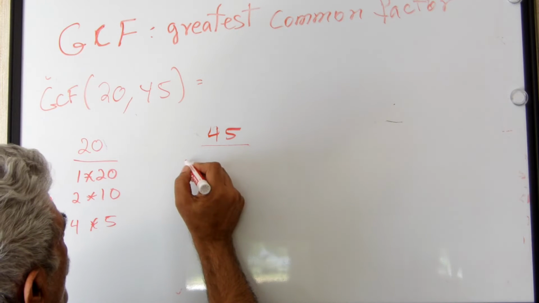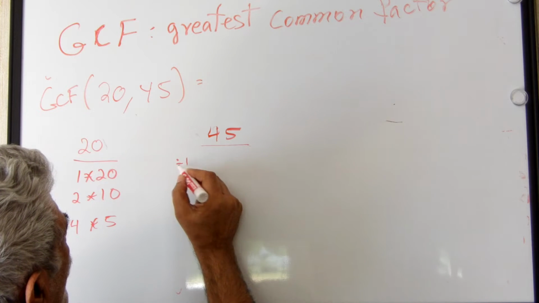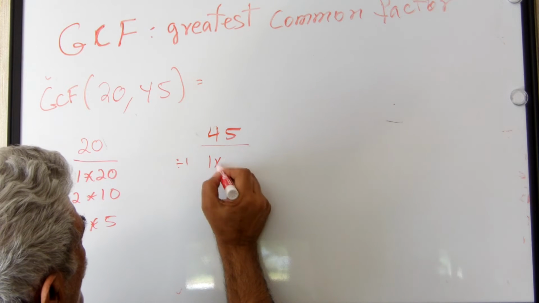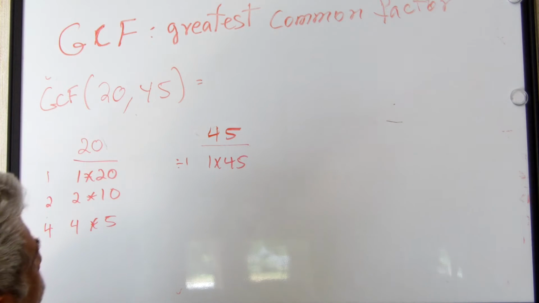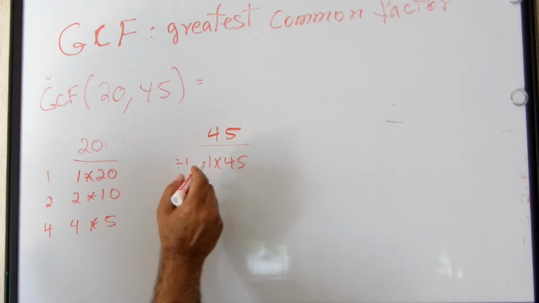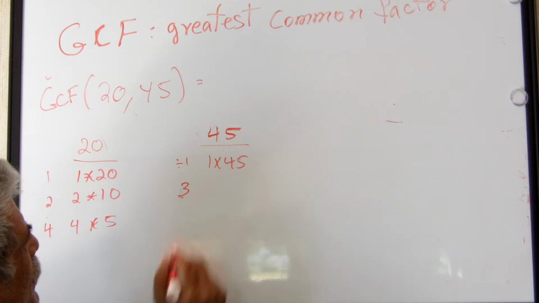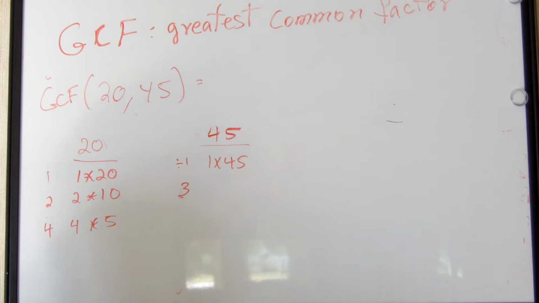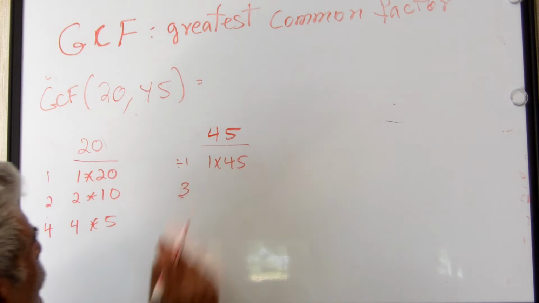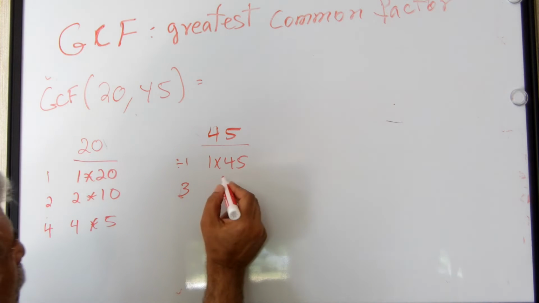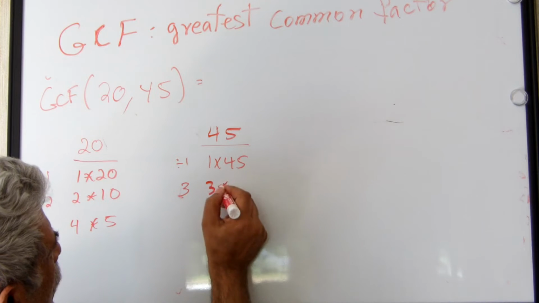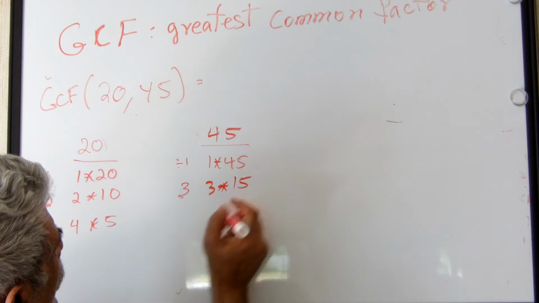45 we can divide by 1. It's going to be 1 times 45. These are the factors. We cannot divide by 2, but we can divide by 3, because if you add 4 plus 5, it's going to be 9. 9 is divisible by 3, so 45 is divisible by 3. It's going to be 3 times 15.